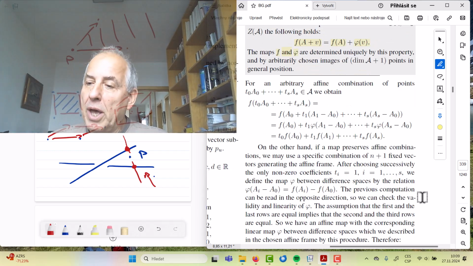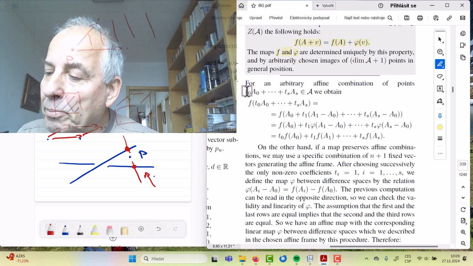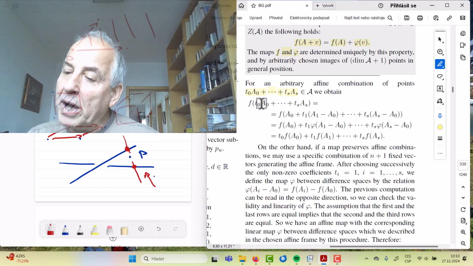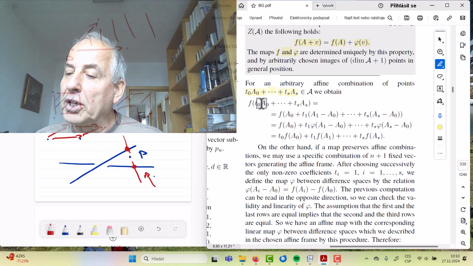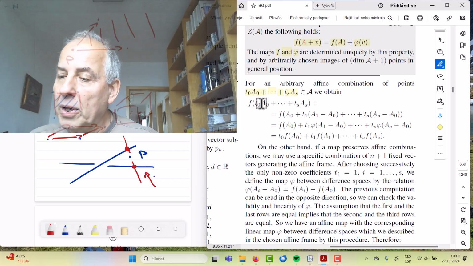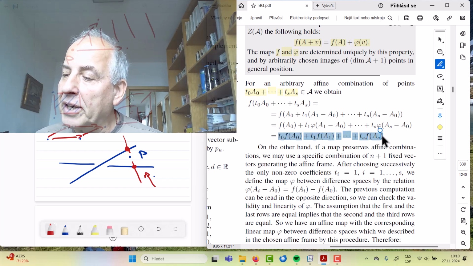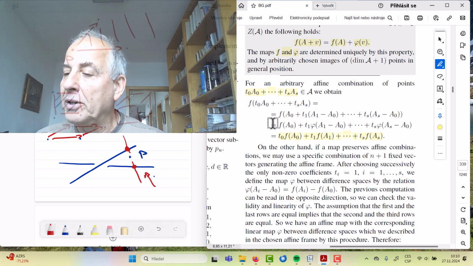But how does it look then if we employ the concept of affine combinations, right? So what if we take an affine combination? Recall that means that the sum of the coefficients must be 1. Then of course, just employing the definition, you will see that you get again the very same affine combination, right?